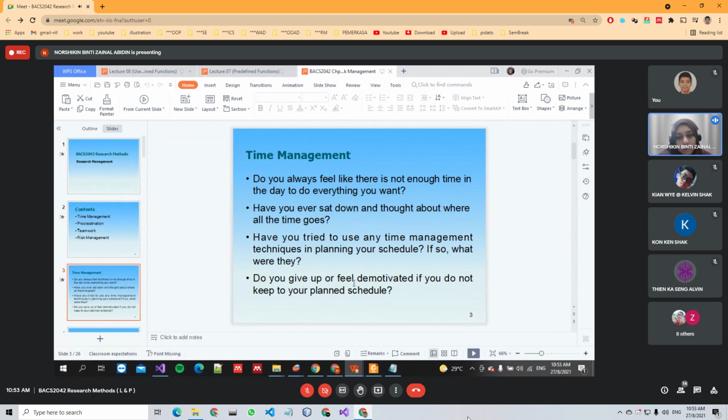Do you give up or feel demotivated if you do not keep to your planned schedule? Again, this is not only for research. This is very common to everyone here, especially students. Not only at your level, even when you're doing a PhD or any other level, feeling demotivated is very normal. Sometimes you don't feel like you want to do anything.